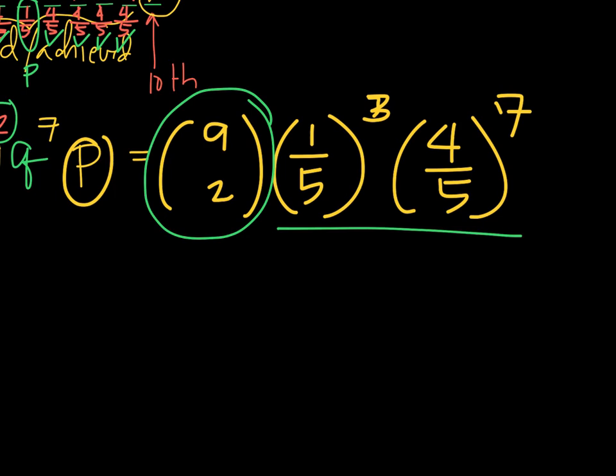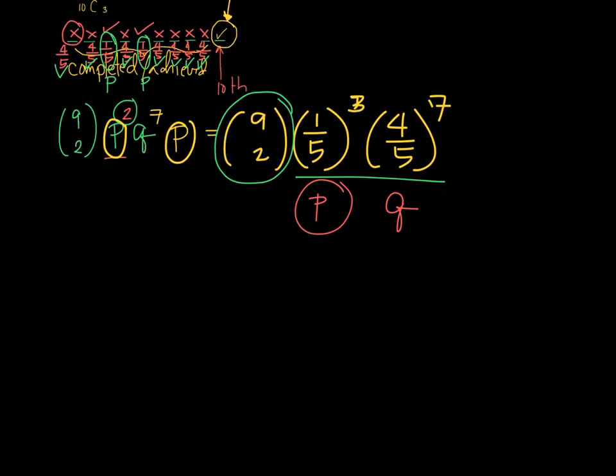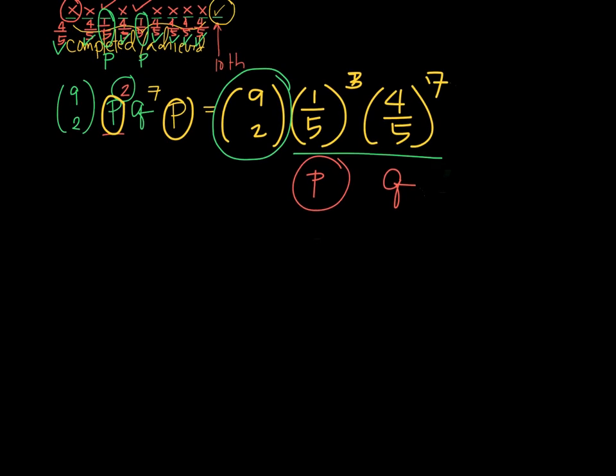We have a combination of all the possible cases. We have the probability of success p raised to the number of successes, with the probability of failure q raised to the number of failures. So in general, if we are to answer a negative binomial distribution problem, let's take a look at it again.